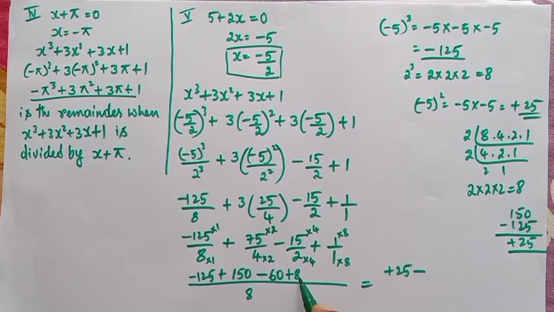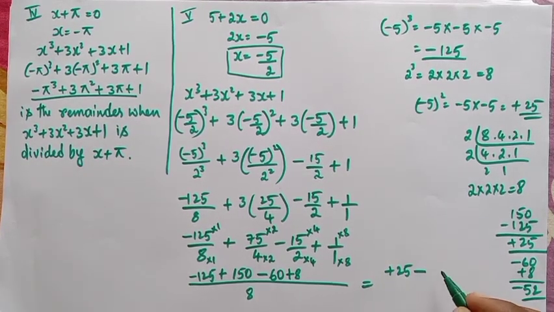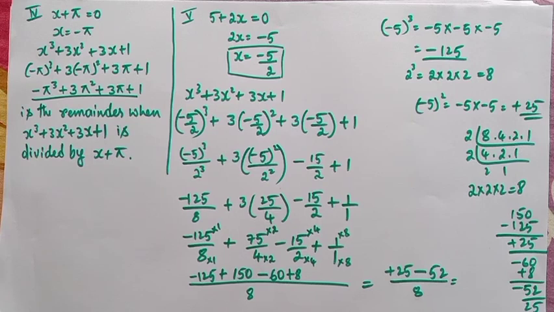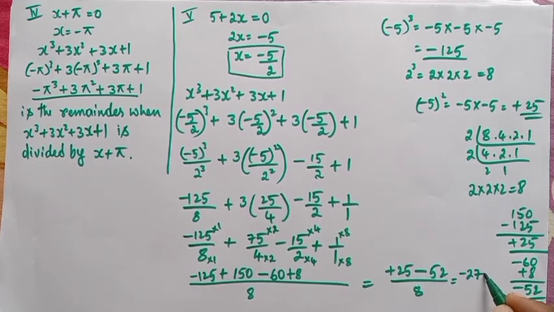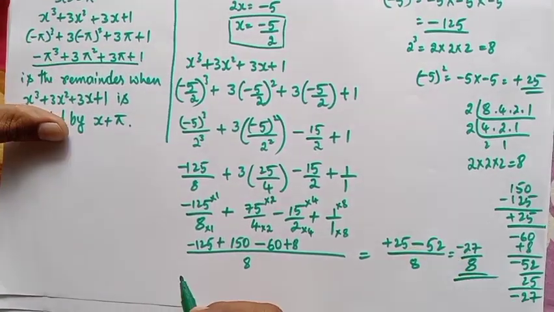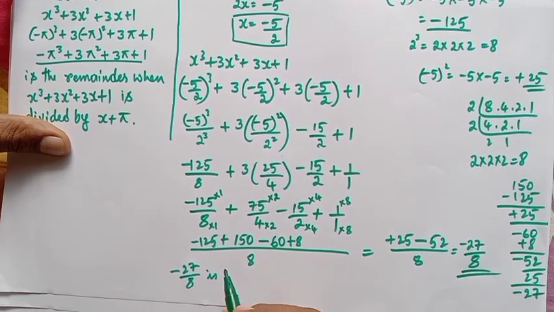When we take these two, 60 and 8, minus 60 plus 8 means minus 52, so minus 52 by 8. So the answer is minus 52 plus 25, which means minus 27. Minus 27 by 8.